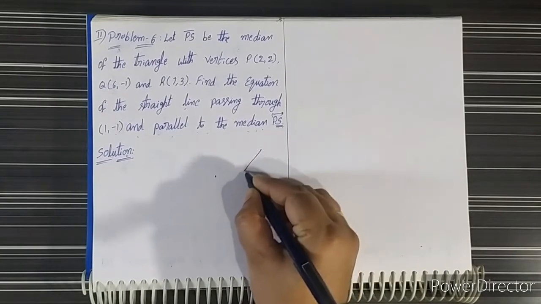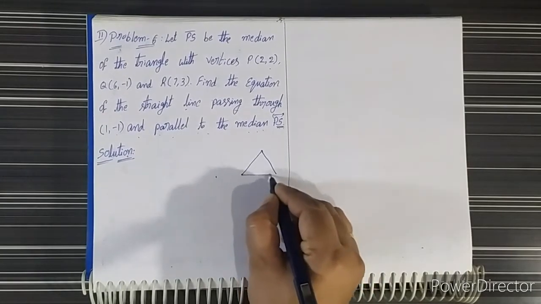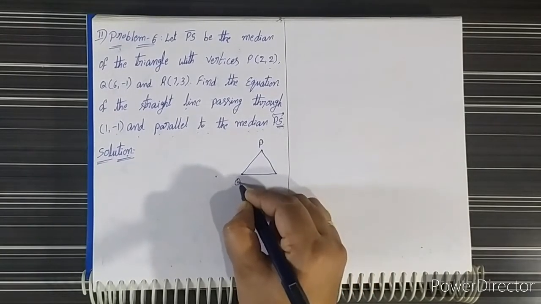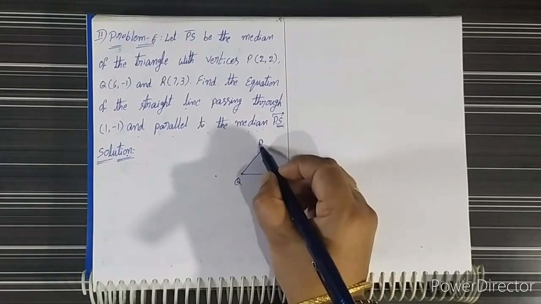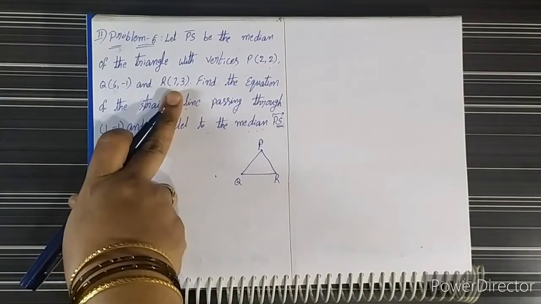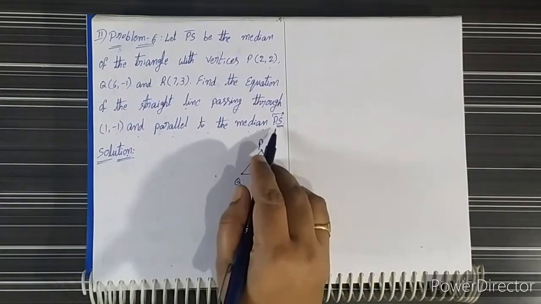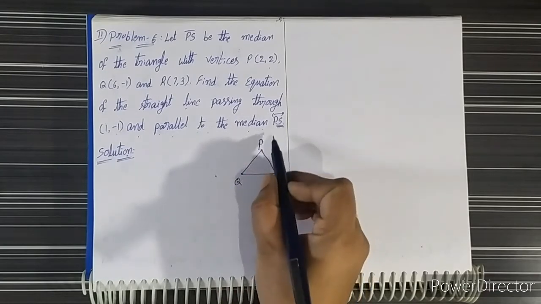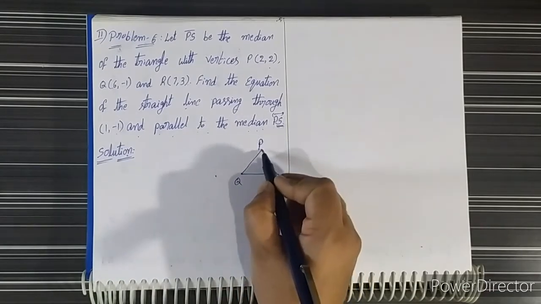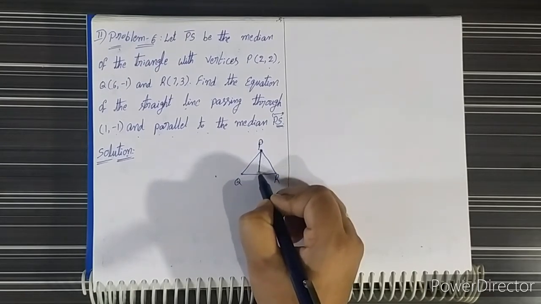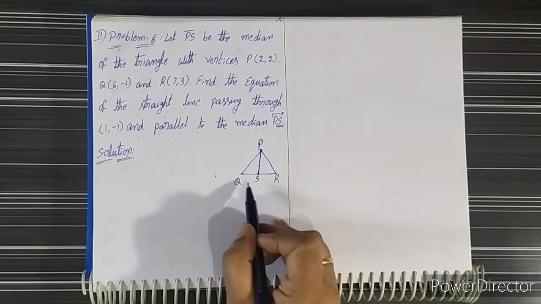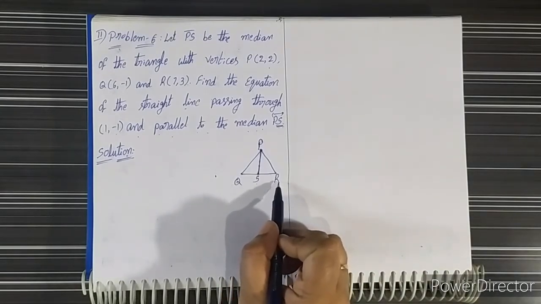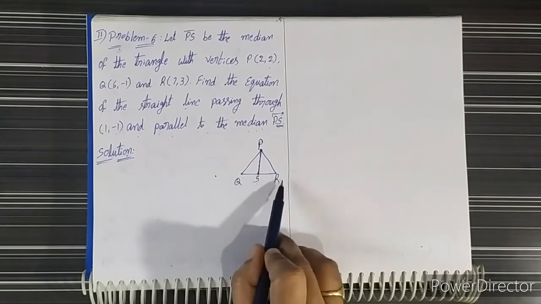The triangle PQR is given, the vertices P, Q, R are given in the problem, and PS is the median. Median means the line drawn from the point P to the opposite side at the midpoint. Then S is the midpoint of QR.